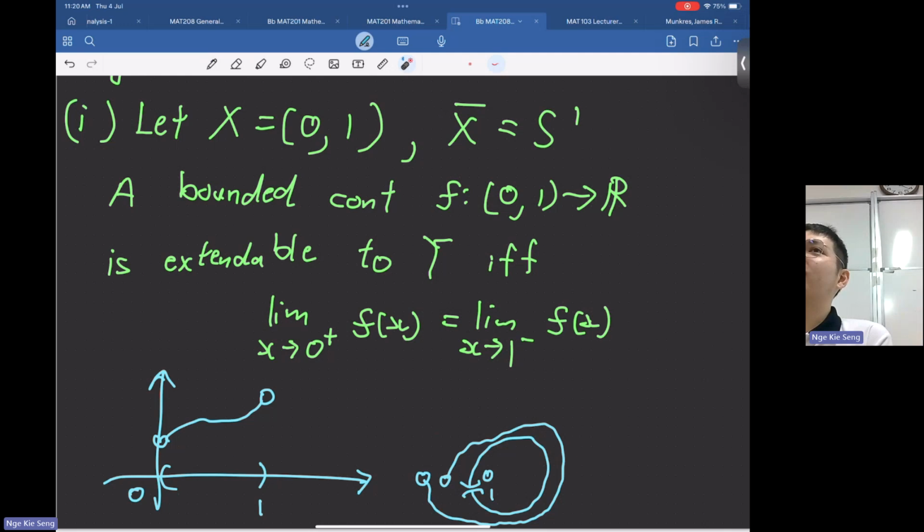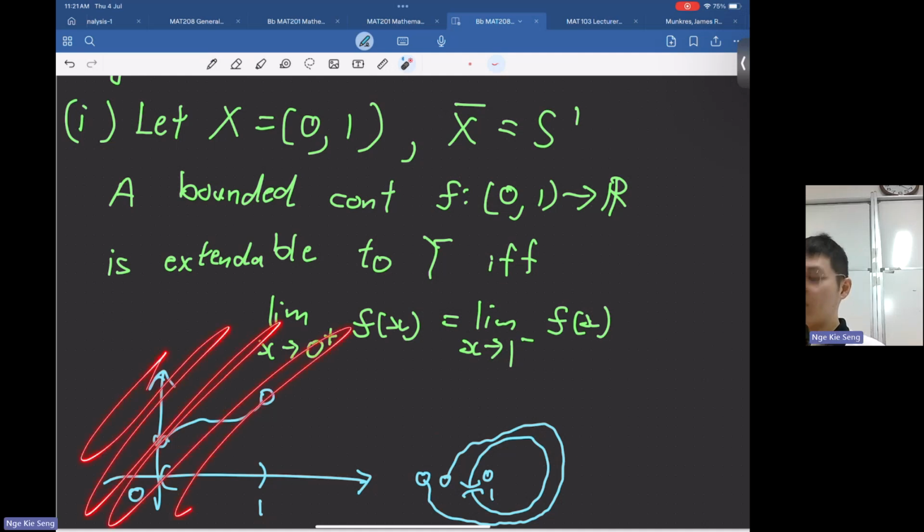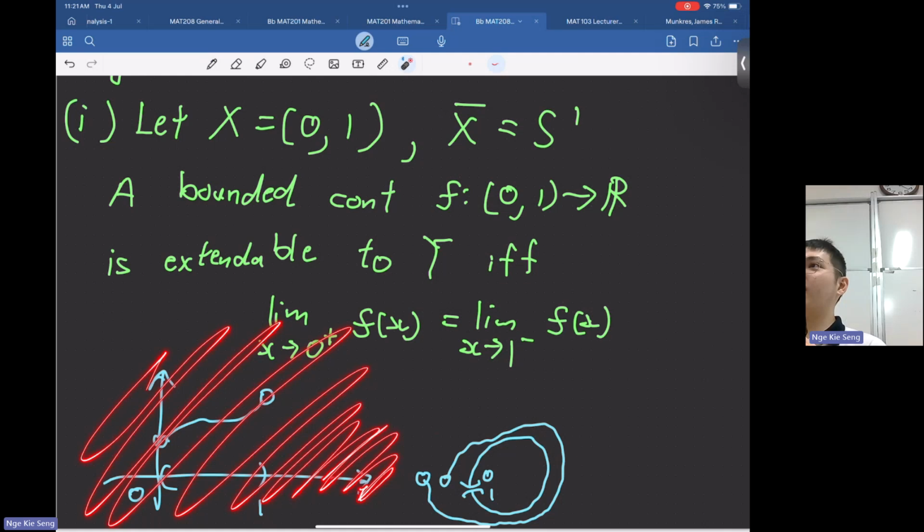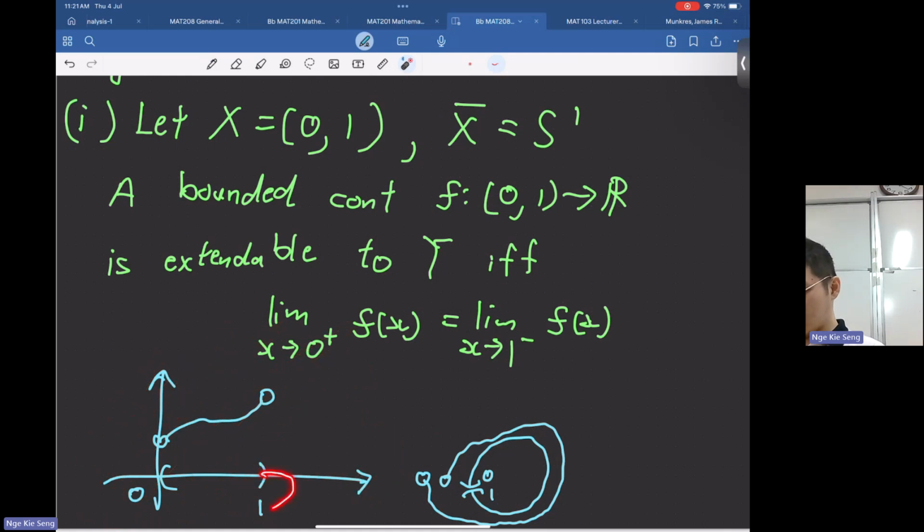Any question? I see some confused faces. You can imagine that you bend this real line, you bend this R2 into a cylinder. Imagine this R2 as a plane, and then I want to join 0 and 1 together.